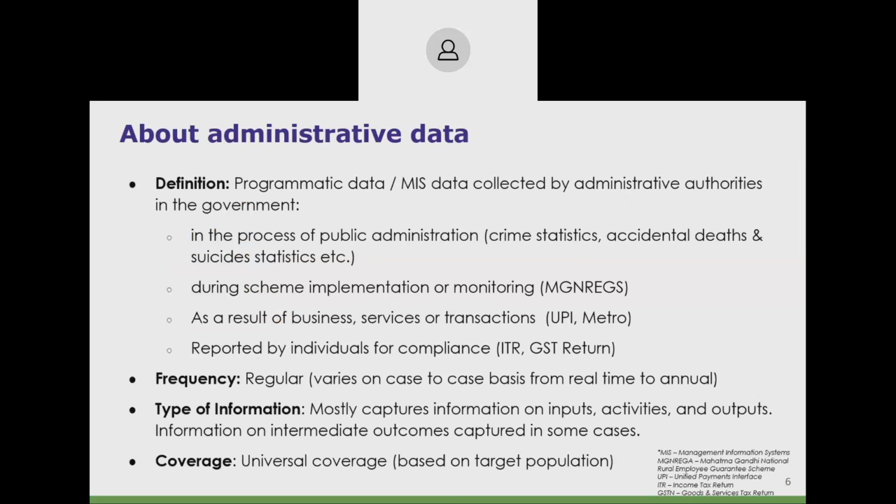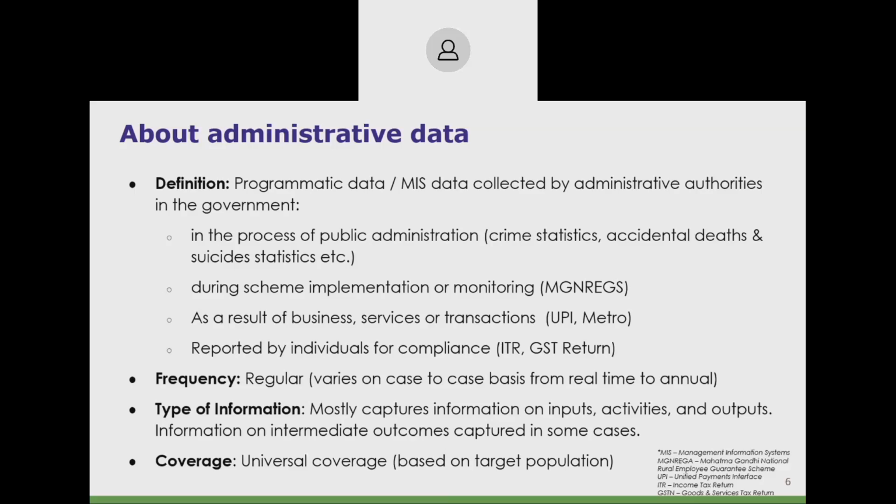So before we get into the specifics of DGQI, we would want to take a step back and talk about what we mean when we say administrative data, because this exercise is largely about transforming the administrative data ecosystem. Administrative data would include any data that is collected in the process of administration.